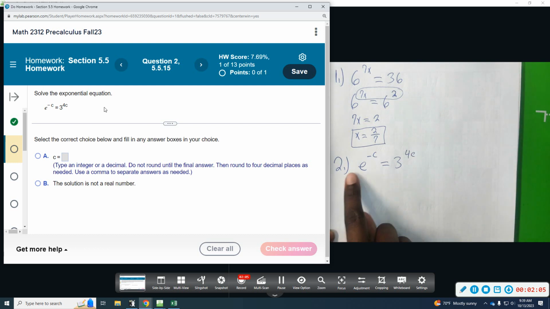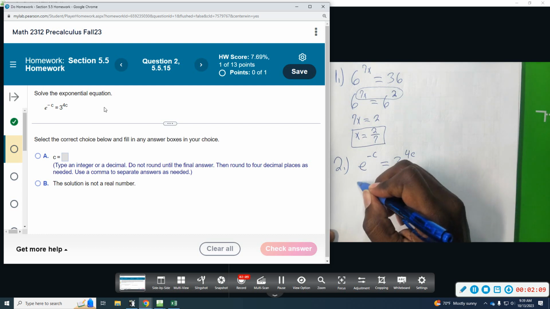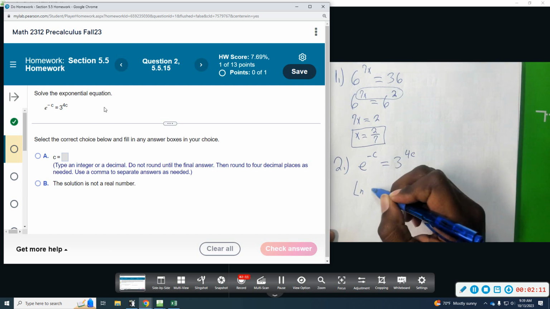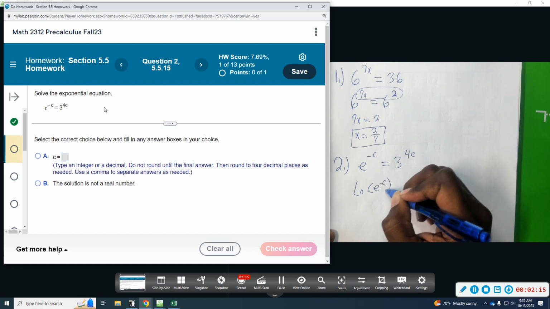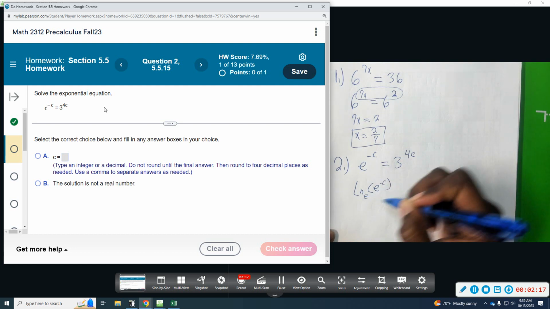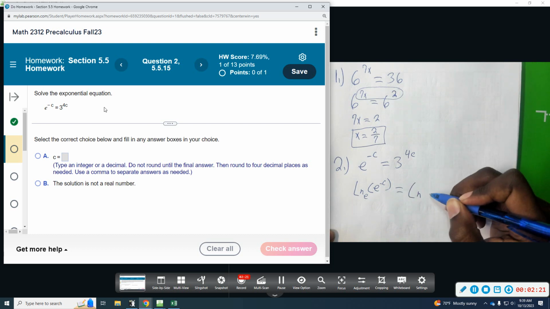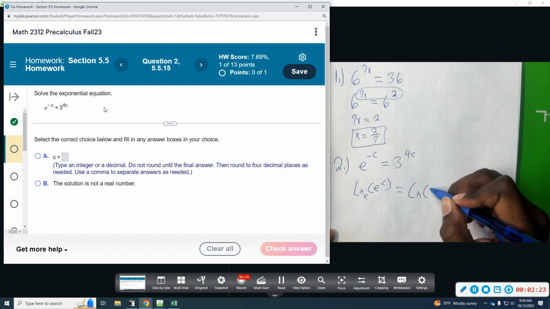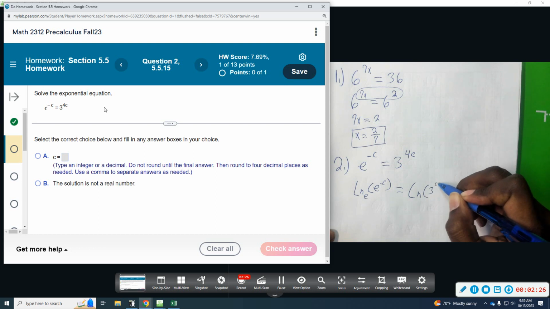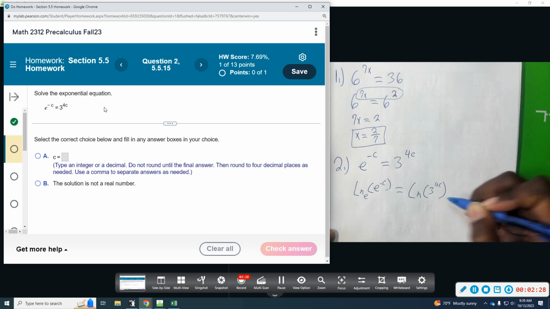Okay, so we're going to apply natural log to both sides to get rid of the e. So I'm going to do ln, which is going to be the argument of e to the negative c. And ln has a base of e, so remember. And then over here we're going to do ln, and then the argument is going to be 3 to the 4c power.